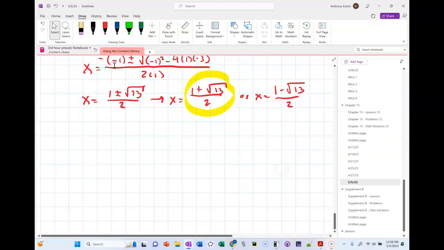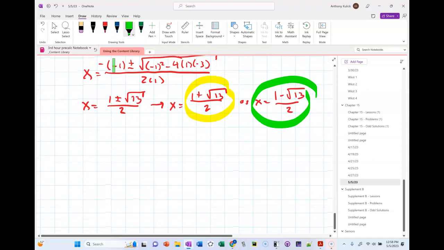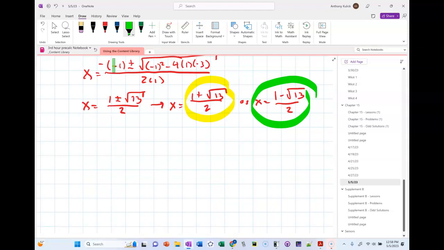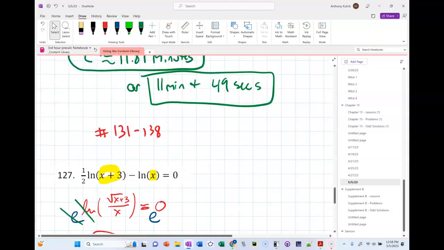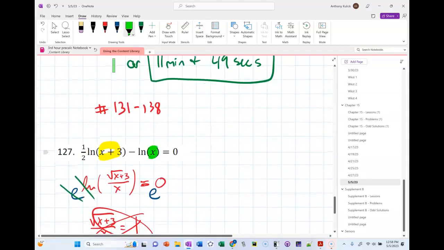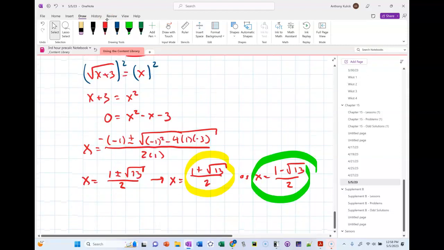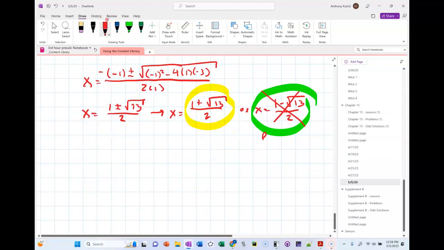If I look at the second one, the square root of 13 is going to be a bigger number than 1, right? So 1 minus the square root of 13 is going to be negative. I don't really care what the number is, I just care that it was negative, because when I plug it back in here, that's going to be the problem, right? So that one's extraneous. We'll discard this one.